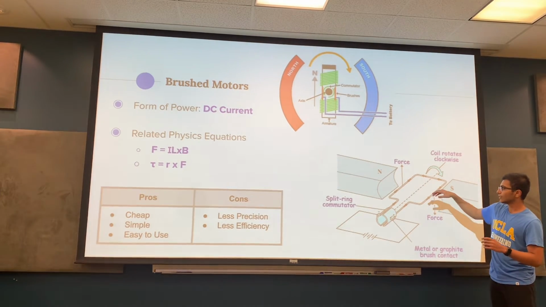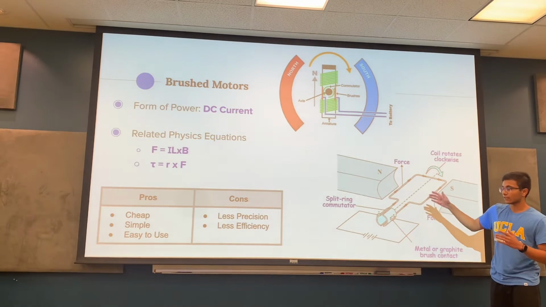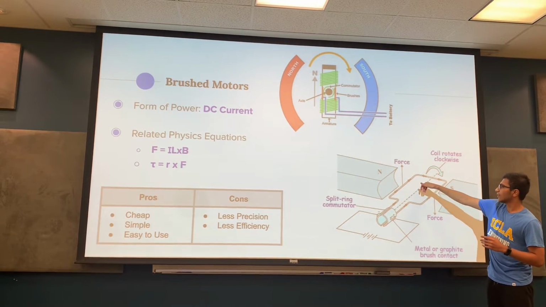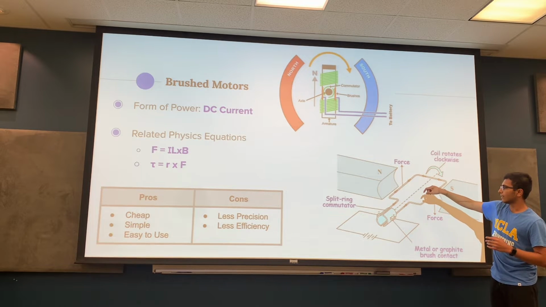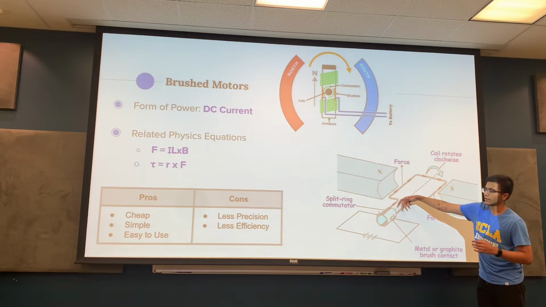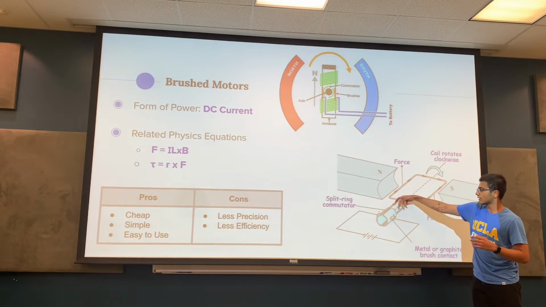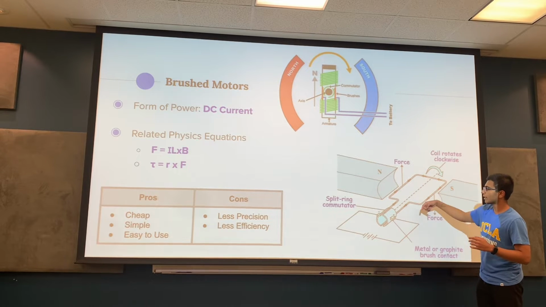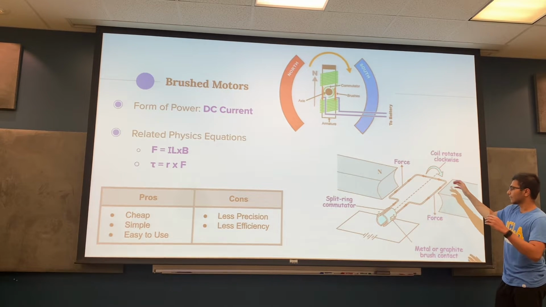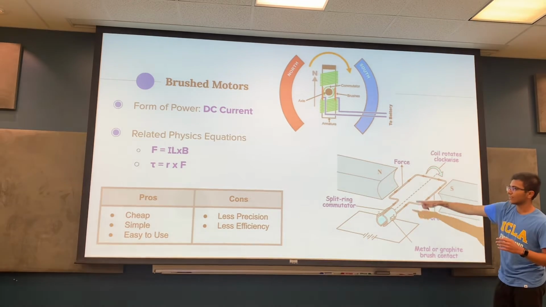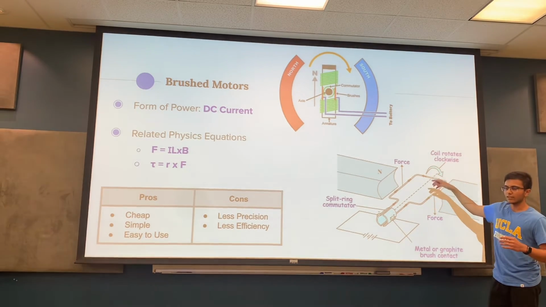When you send a direct current through this wire, it creates a magnet, causing it to attract to the two outer magnets. When it does, the two leads of the wire switch, which means the current will start flowing from one direction to the other as it spins. This keeps happening repeatedly, which causes it to continuously spin and repel the two outer magnets.